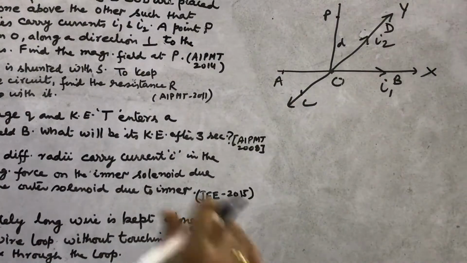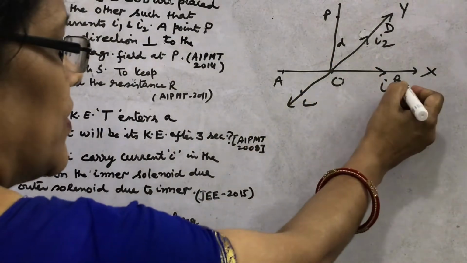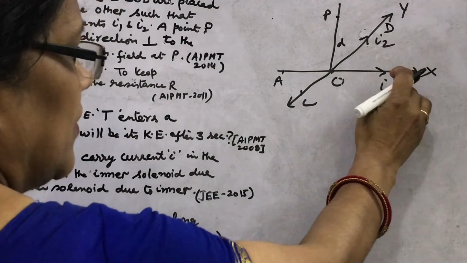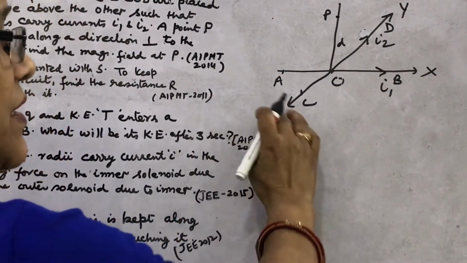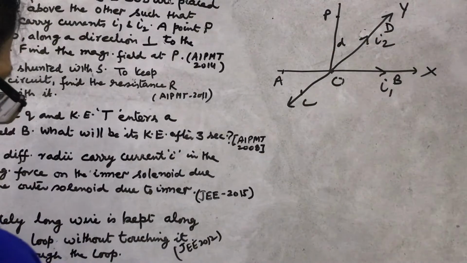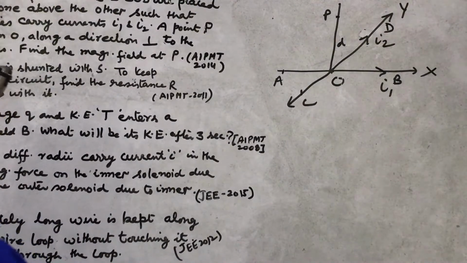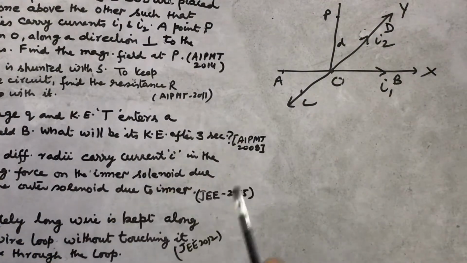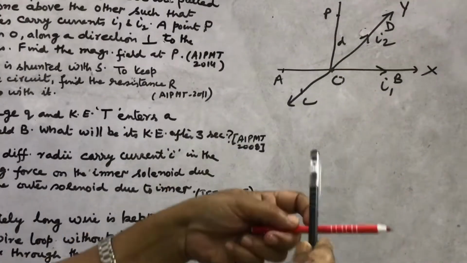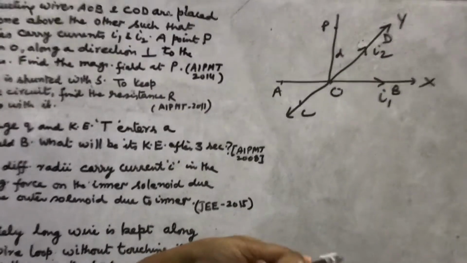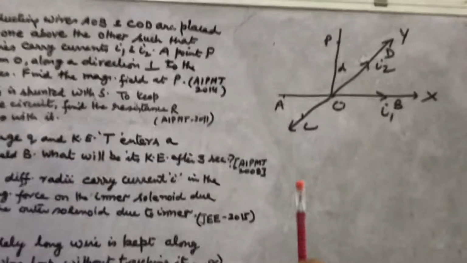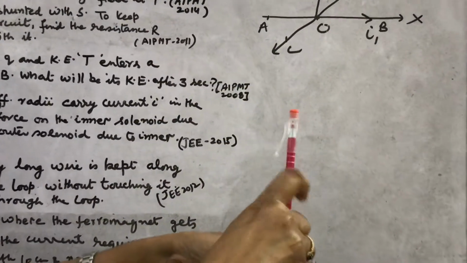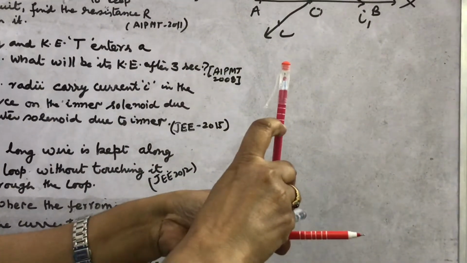What will be the magnitude of the field? Look, for the first wire AOB the current is I1. Suppose these are the first and second wire and this is the third wire. At this point you have to find the magnetic field.